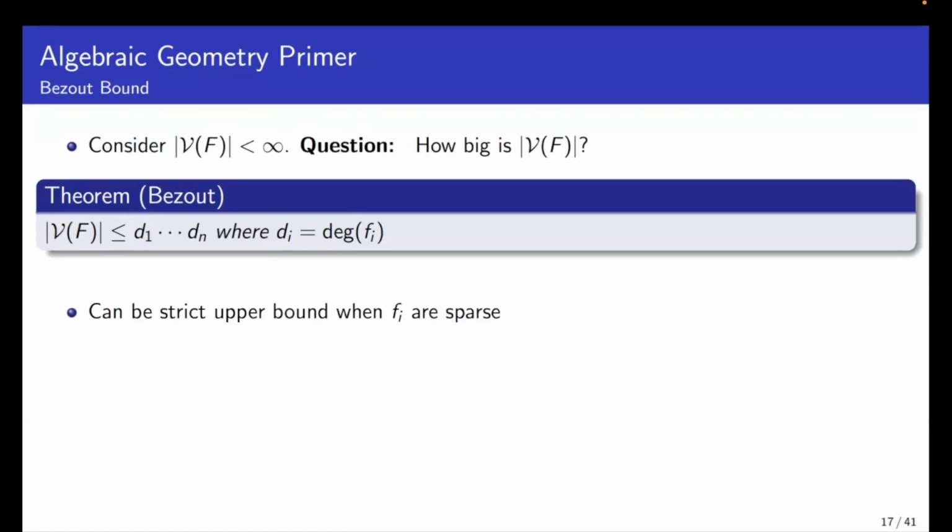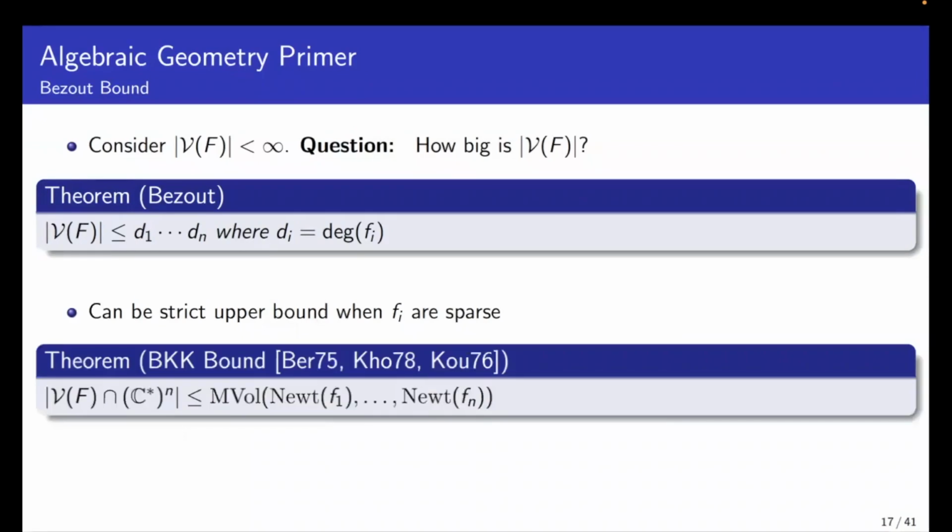In this case, there is actually more recent work from the late 70s and 80s, and there's a theorem known as the BKK bound. I could really give an entire talk about this theorem because there are lots of interesting things to say. But I put it here just to show that there is a theorem that tells us the number of complex solutions in the algebraic torus.